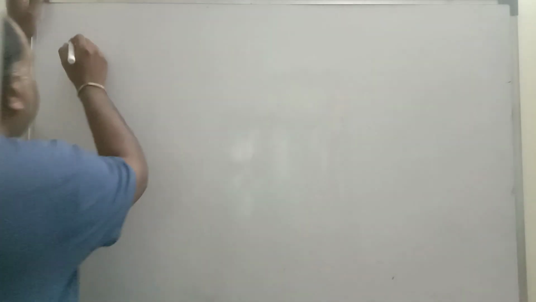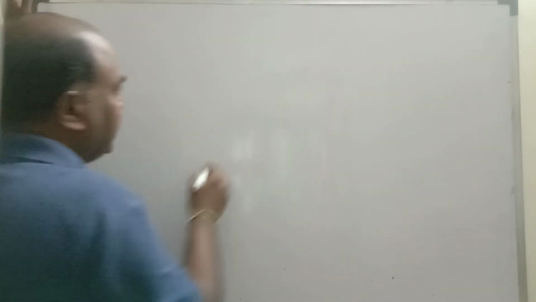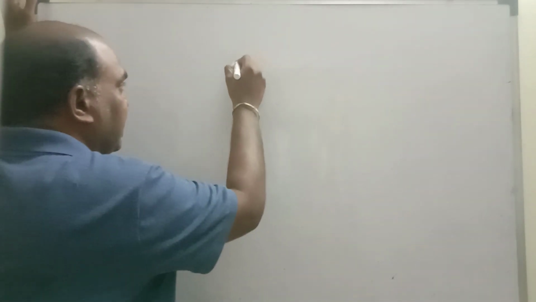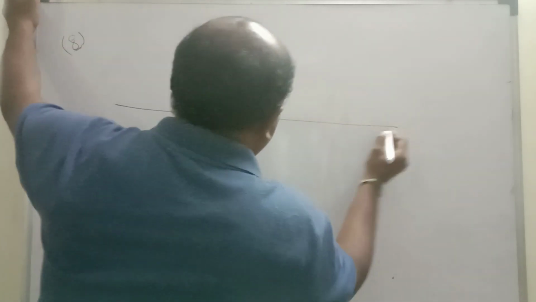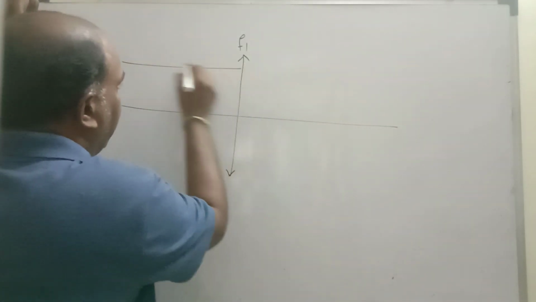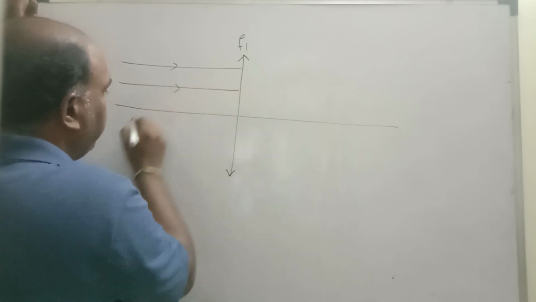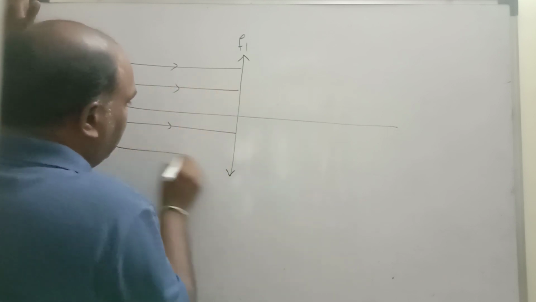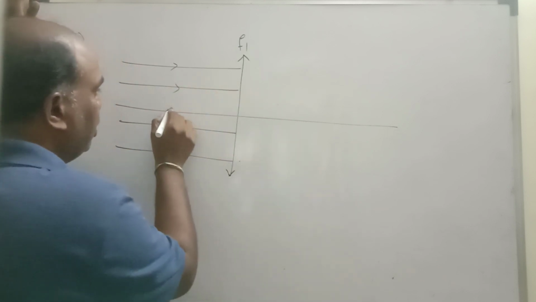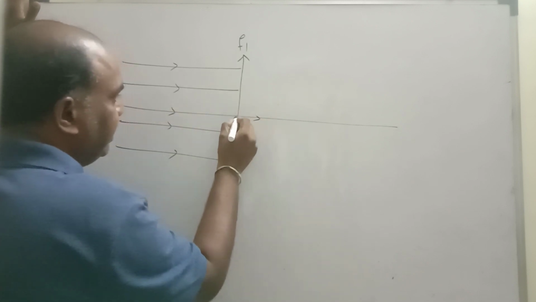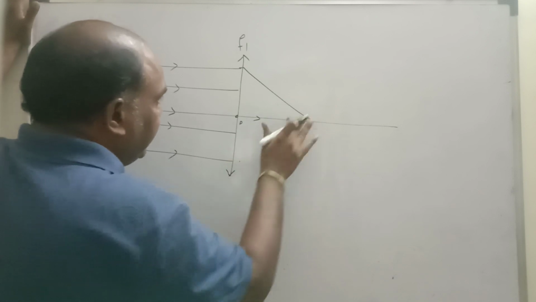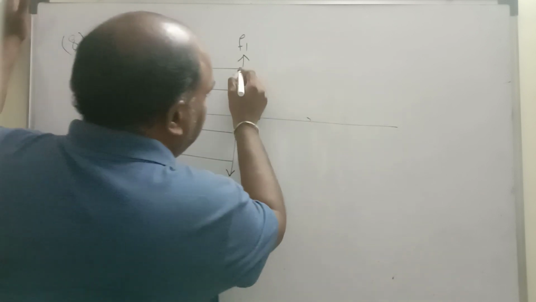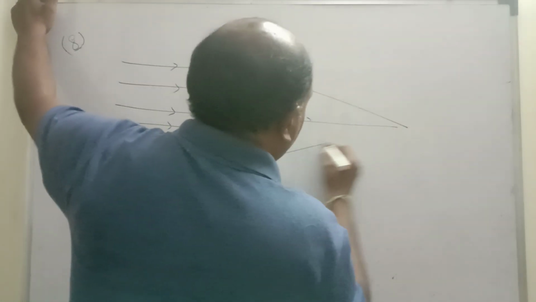Now question number 8, children. Same question, just I am changing it. This is a converging lens. Its focal length is f1, this is the principal axis. These are all parallel incident rays. We know that an incident ray going along the principal axis will be undeviated. The remaining rays converge and meet at the principal focus.